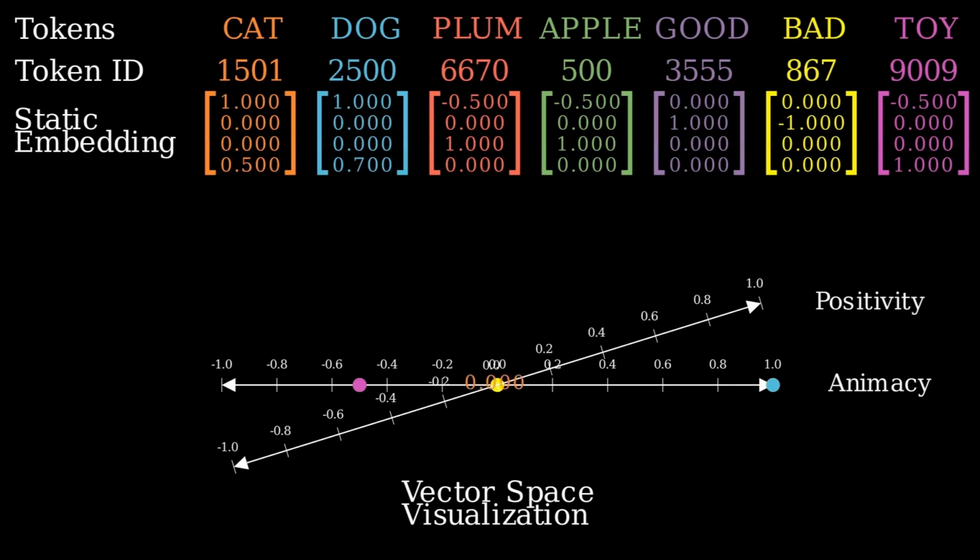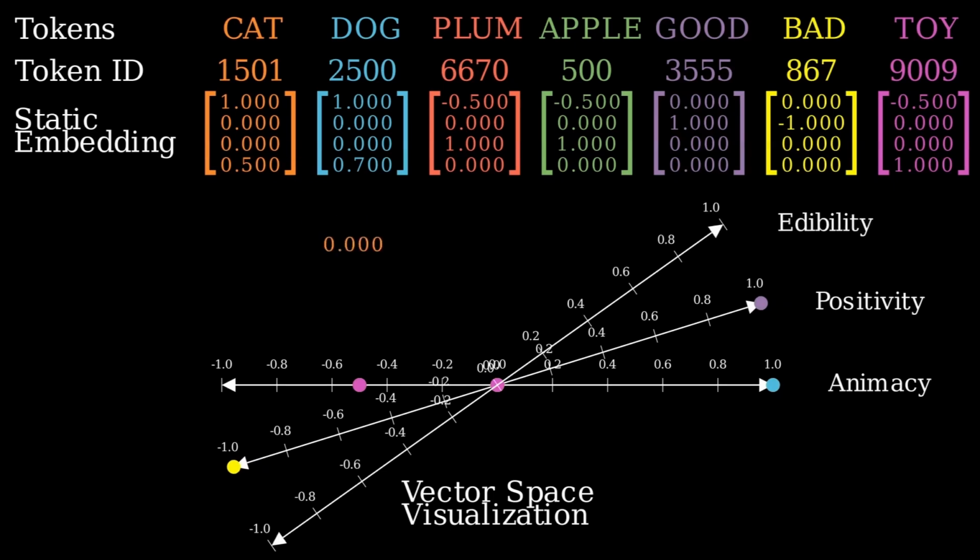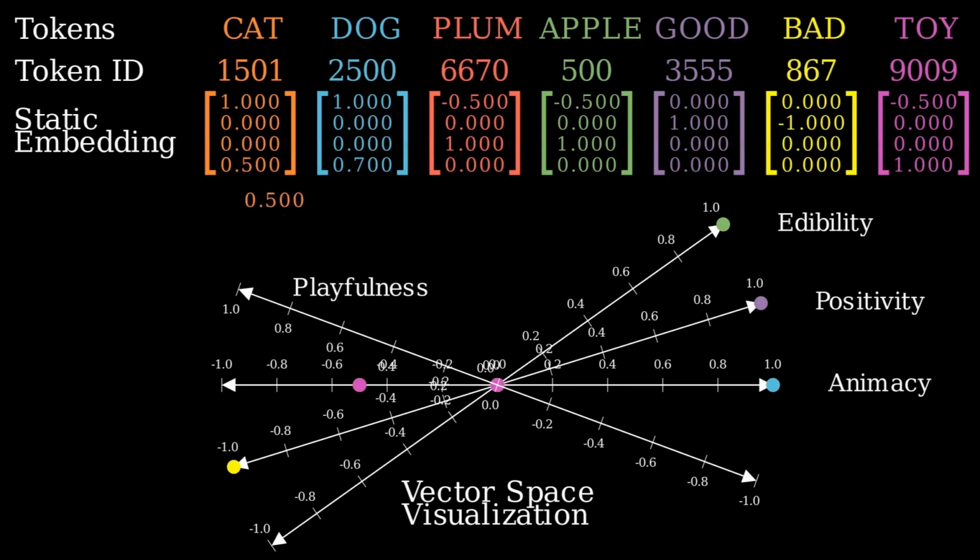But from a 2-dimensional perspective, we can think all these vectors are pointing to some direction in the vector space. As you can see, for animacy, dog and cat sit together, for edibility, apple and plum sit together, and for positivity, good and bad sit in opposite parts.